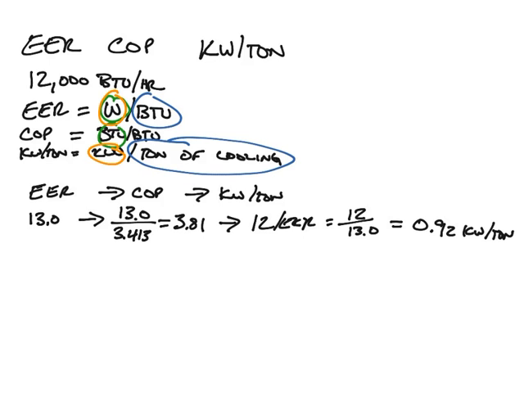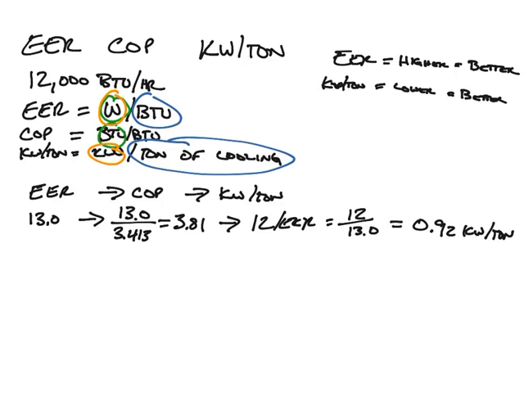So you want a higher number: EER higher equals better performance. On kW per ton, because you're looking at how many kilowatts of power it takes to do a ton of cooling, lower equals better.